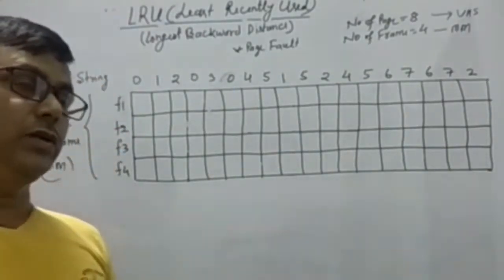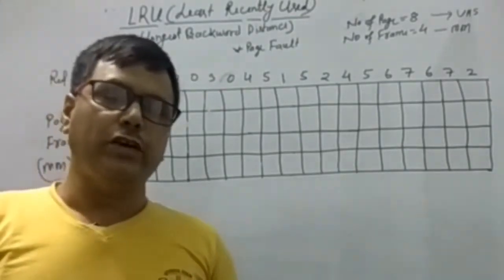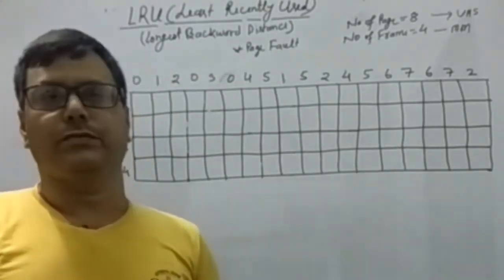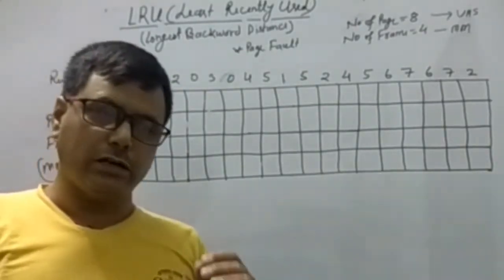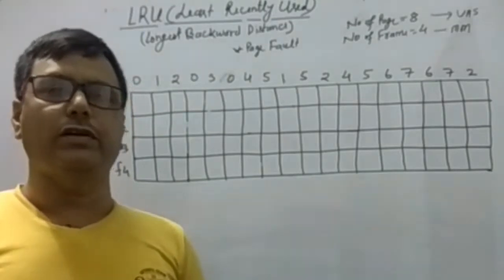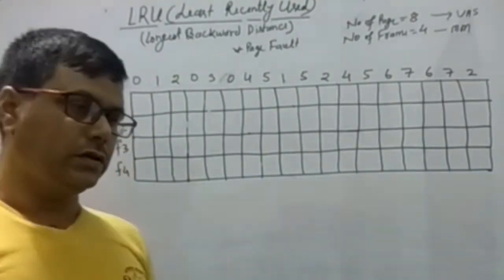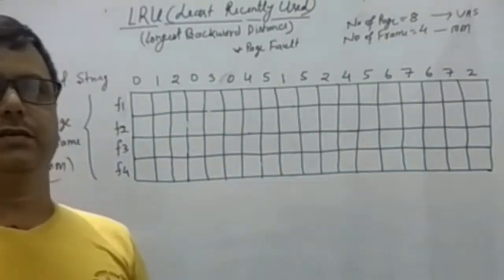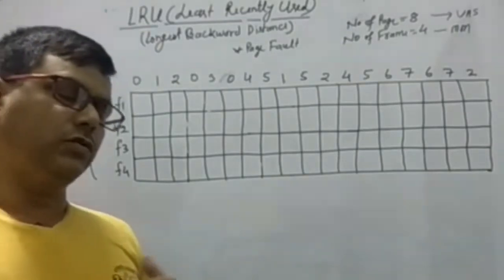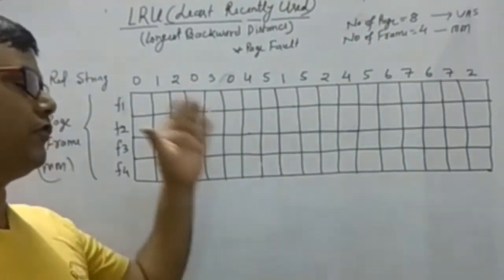A page frame number will only be available in the page map table when the requested page is available. If the requested page is not available in the page frames, then a special situation known as a page fault occurs. That means the requested page of the CPU is not available in the physical memory or the frames.